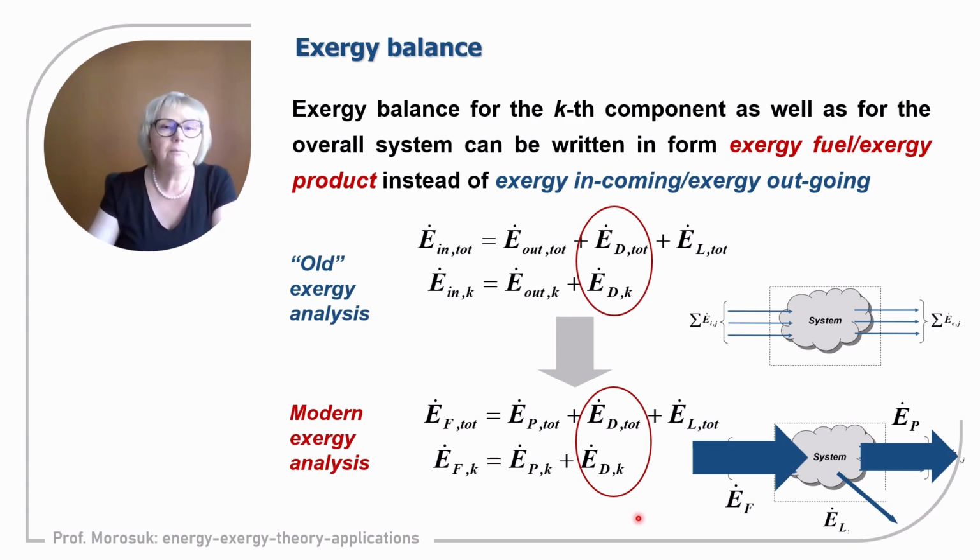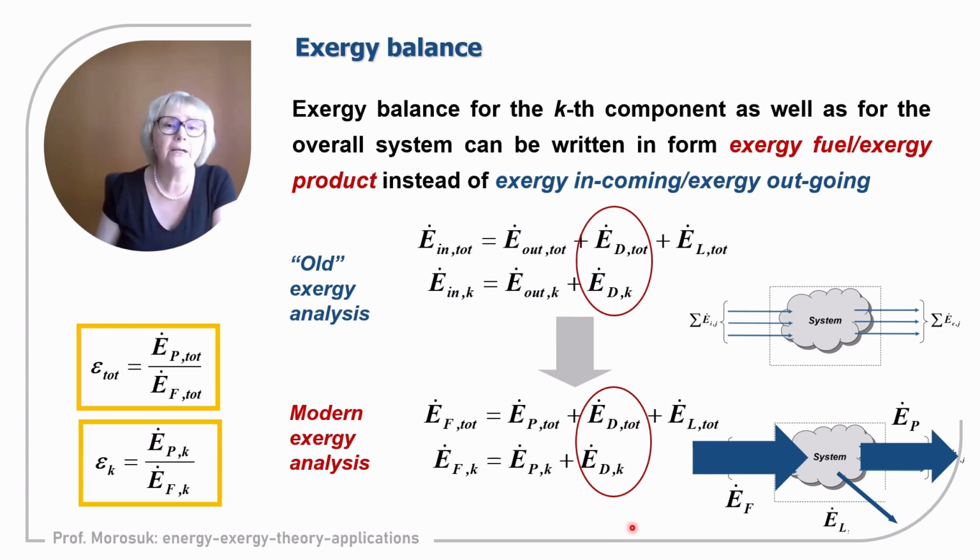It does not matter whether we apply the concept in-out or the concept fuel and product, the term of exergy destruction for the system and exergy destruction for the component will anyway be the same value. So we will not get different results related to irreversibilities, exergy destruction, but with the concept of fuel and product, we can properly calculate the exergetic efficiency, which is exergy of product divided by exergy of fuel, regardless of whether it is the exergetic efficiency of the entire system or of the component.